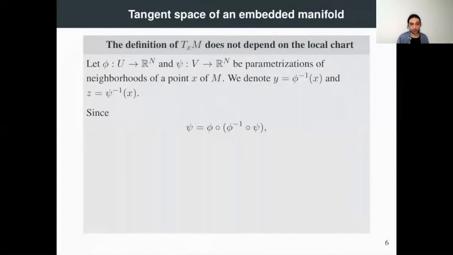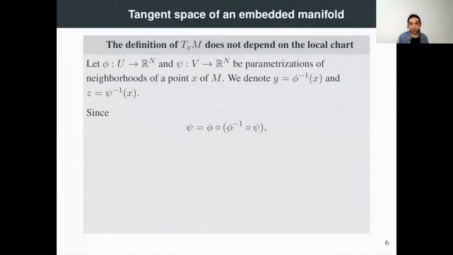What we can do? We have here the two parameterizations, phi here and psi, and the way to go from one of these parameterizations to the other is by using this map, which is just the map of change of parameters.